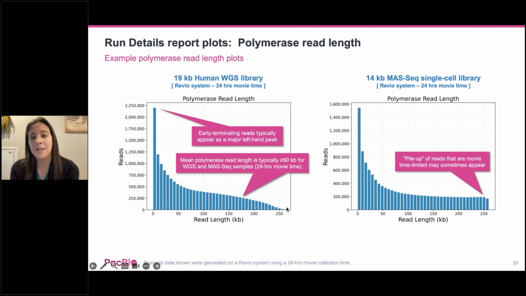You'll never see too many reads beyond 250 kb because remember, you're limited to a 24-hour movie, and the polymerase has a known base incorporation rate of 2 to 3 bases per second. So it's very normal to have a drop off at 250 kb.